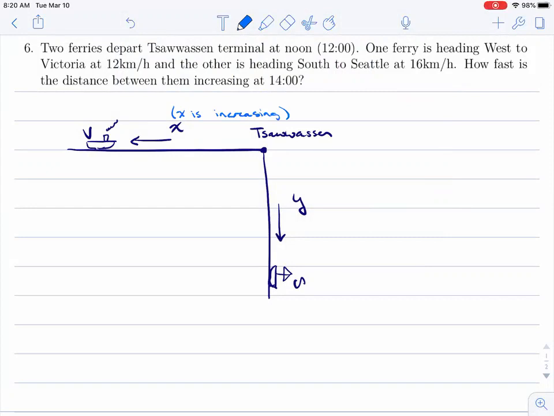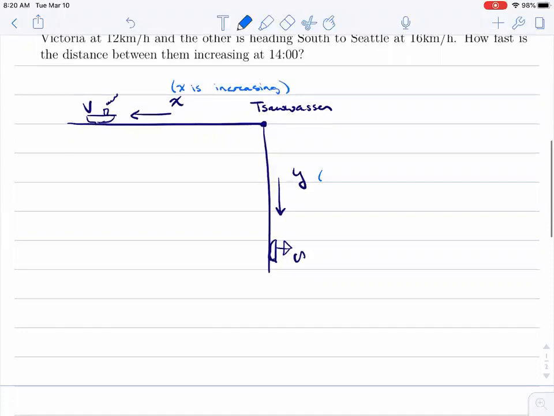Same thing with Y. I'm moving further and further away, and so Y is also increasing. So these rates are going to be positive.